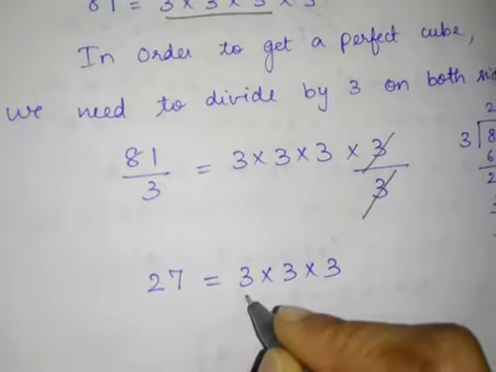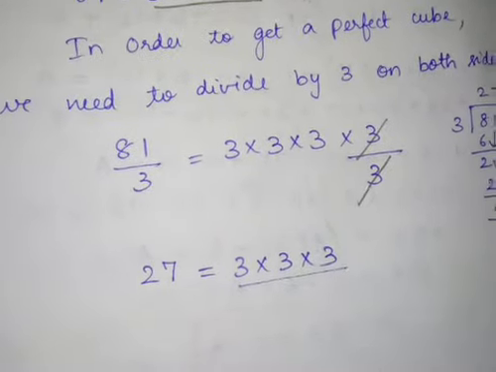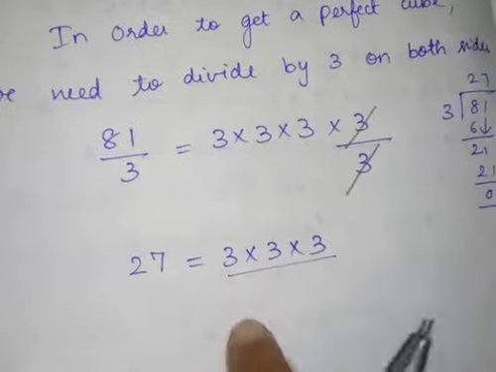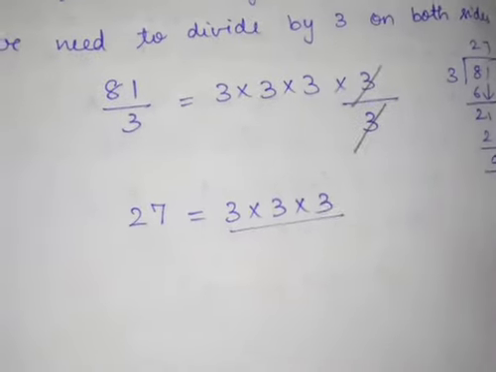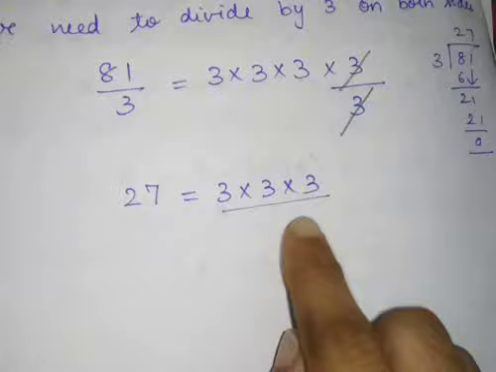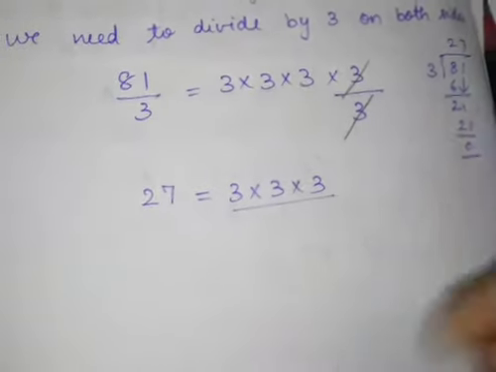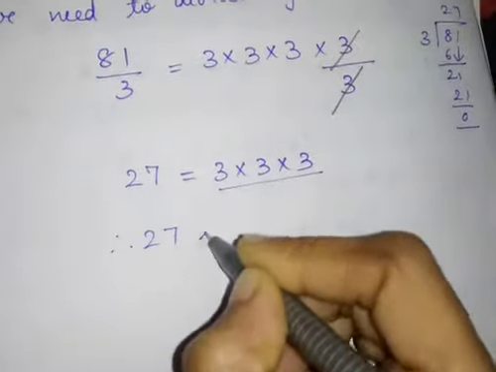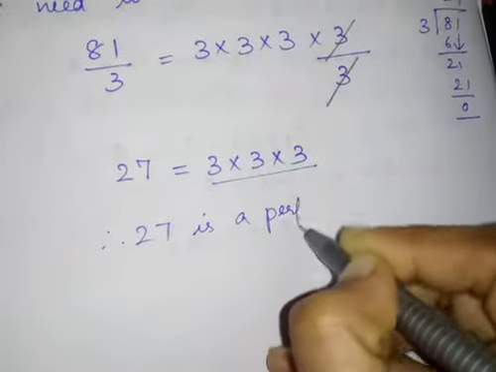So does this form a group? Yes, because these three numbers form a group. So 27 is equal to 3 into 3 into 3. Therefore 27 is a perfect cube.